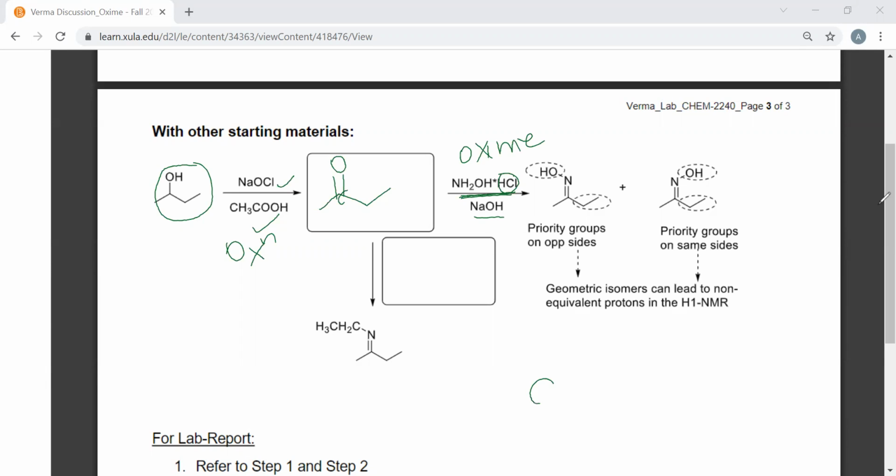You will just replace the oxygen and place the nitrogen on that carbon. Whatever happened to one of these hydrogens? This hydrogen is making this nitrogen a positively charged species.